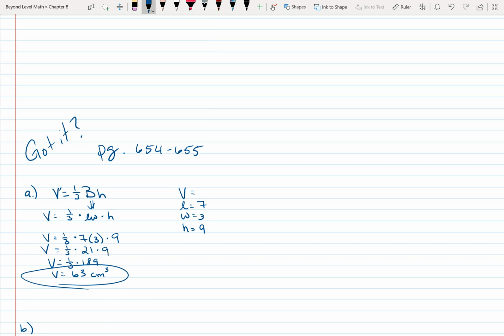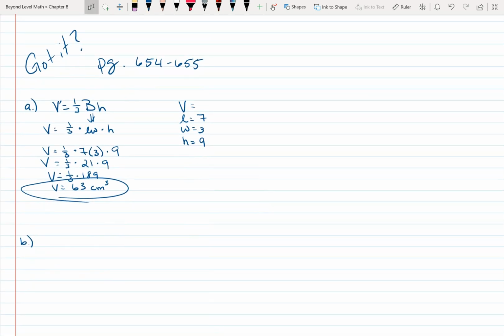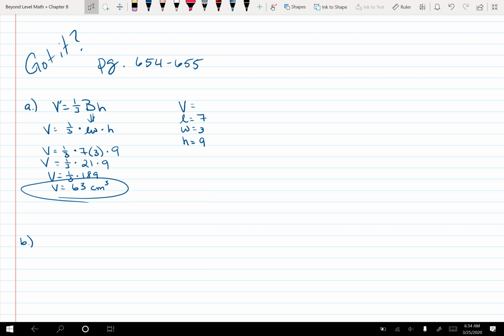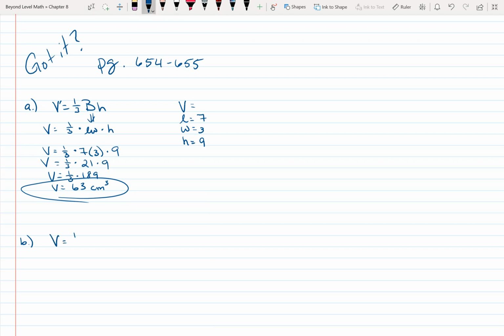Alrighty, got it, B. Now we are finding the height. So it says a triangular pyramid. So I'm going to start by writing our original formula. V equals 1/3 capital B times H. Triangular, so I'm going to do 1/2 base times height of the pyramid. So the triangular pyramid has a volume, so I'm going to label what we know.